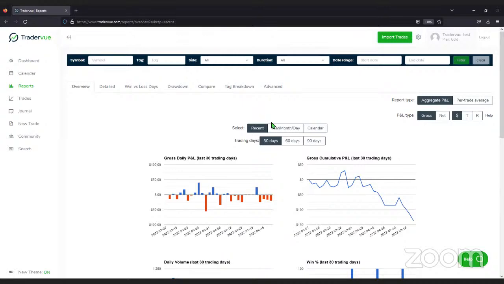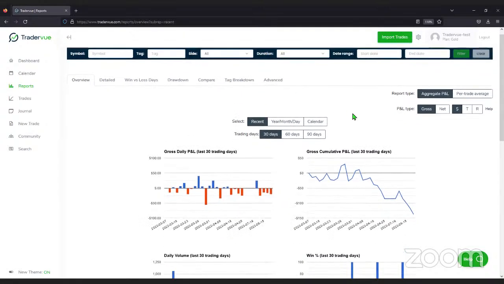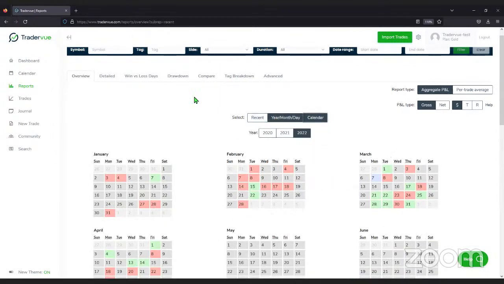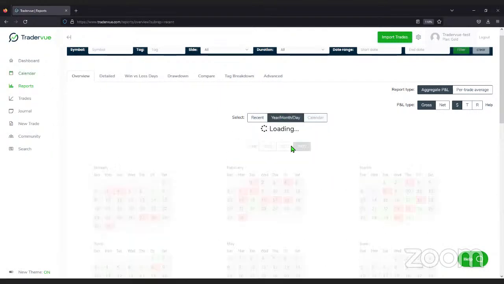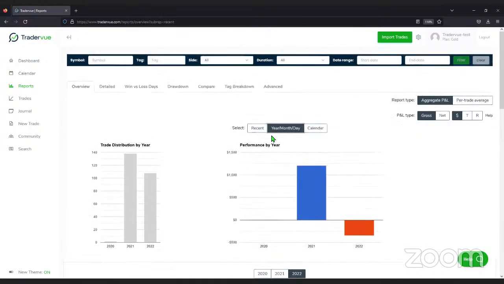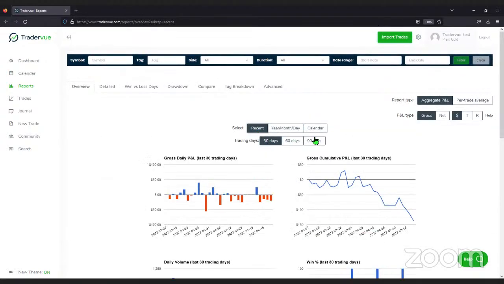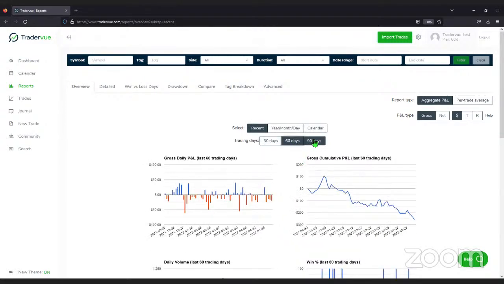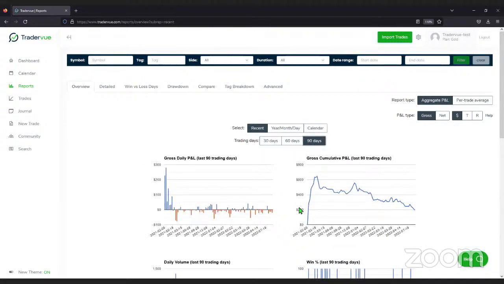In a nutshell, this is the overview tab. Here you can also get to the calendar, which is the same section, or the year, month, day performance, which we already saw. But you can also sort your trades by last 60 trading days and last 90 days.